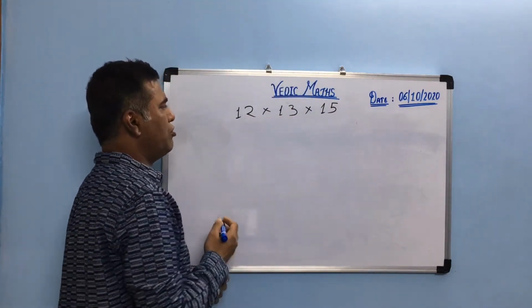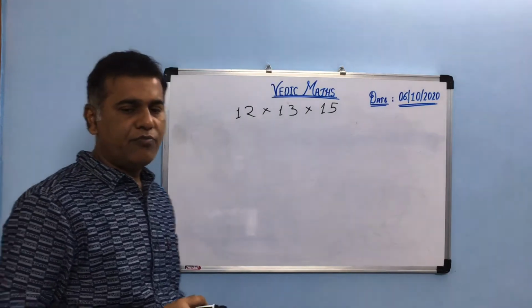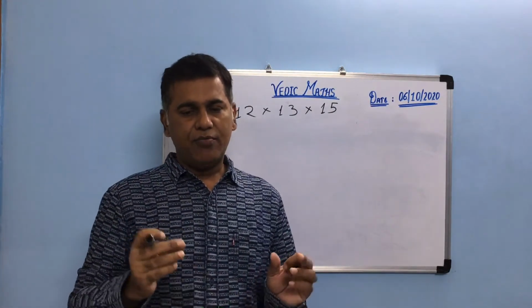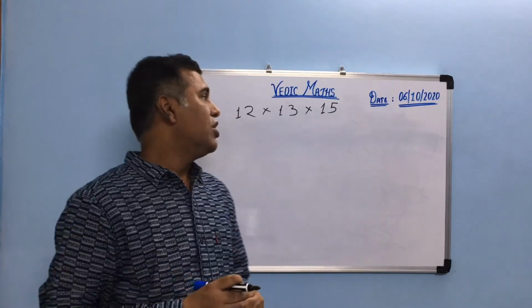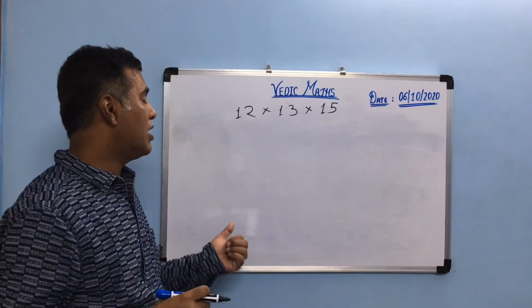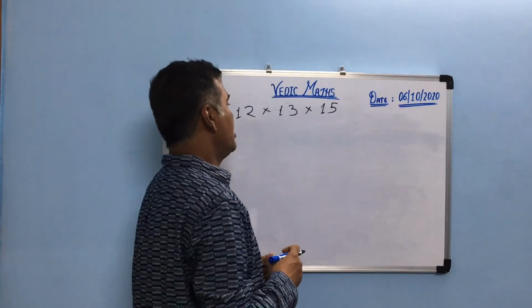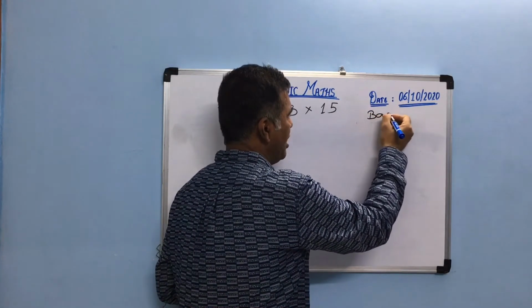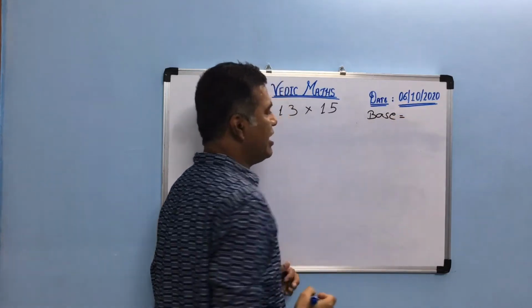First of all, just like in the previous videos I have discussed, if there is multiplication of 2-digit or 3-digit numbers, in that case we have to calculate one base, which is known as the working base.